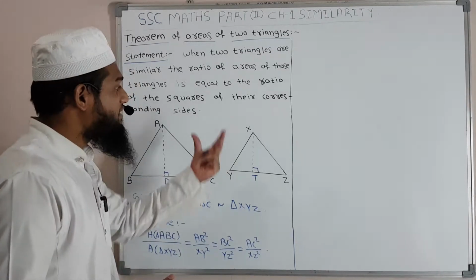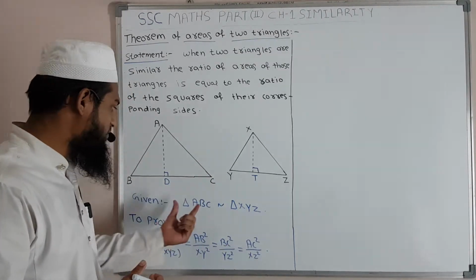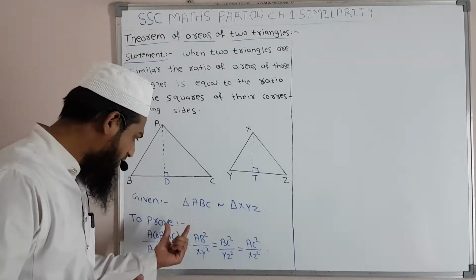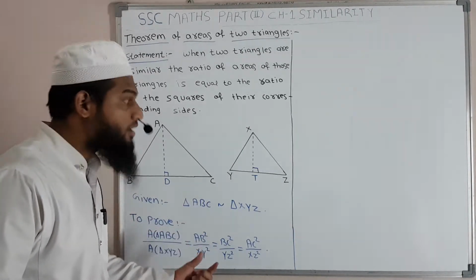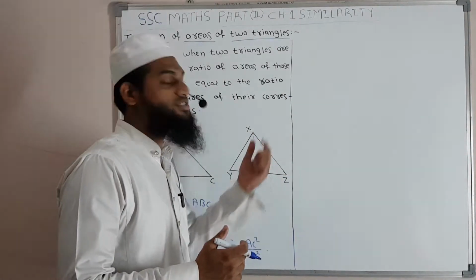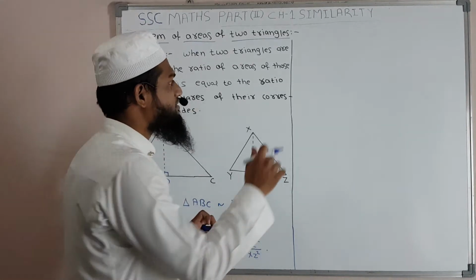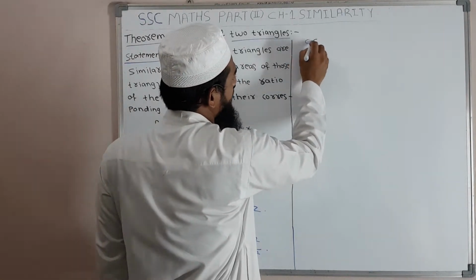In solving the theorem, there are steps. First we have to write the given, then second what we have to prove, and if necessary we have to do the construction in the diagram. So the third step is construction.